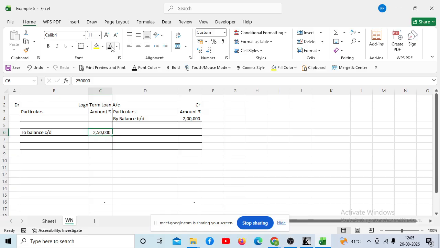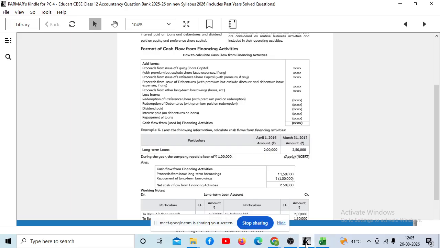No. Fine. Now let us read the statement, what they are telling. It is told that during the year the company has repaid a loan of 1 lakh. Now tell me, if you are repaying the loan, will your liability increase or decrease? Decrease. Just refer to the golden box.